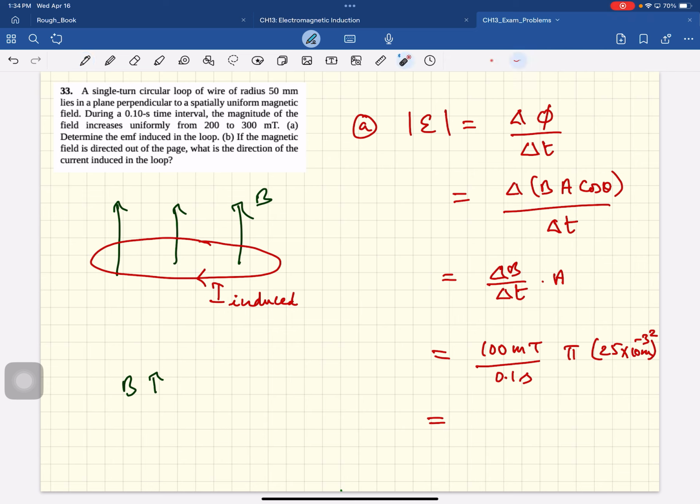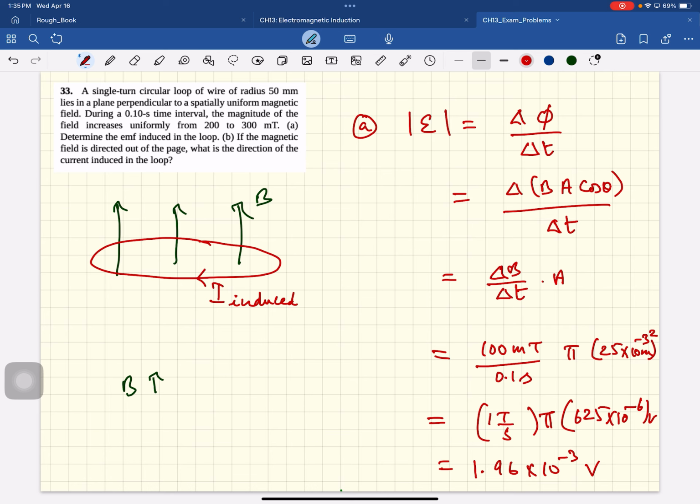So this would be 1,000 millitesla, which would be 1 Tesla per second. So 1 Tesla per second times pi times 625 times 10 to the minus 6 volts. And all that works out to roughly 2 millivolts.